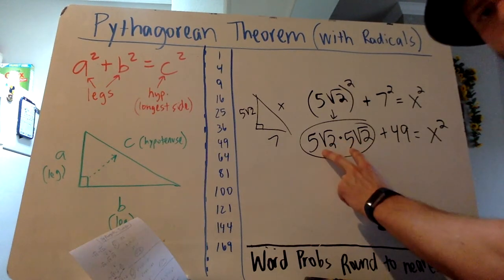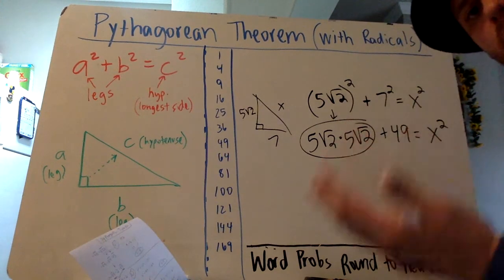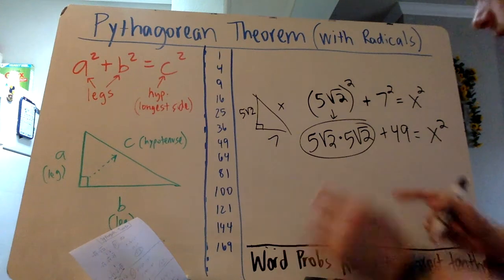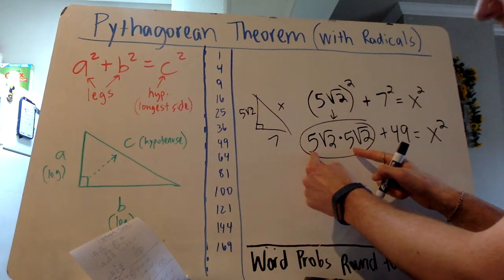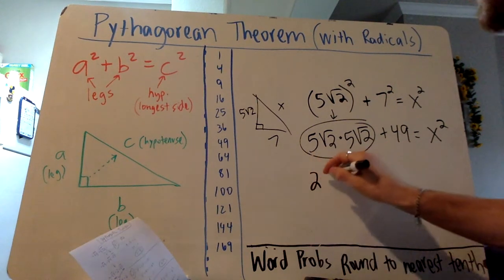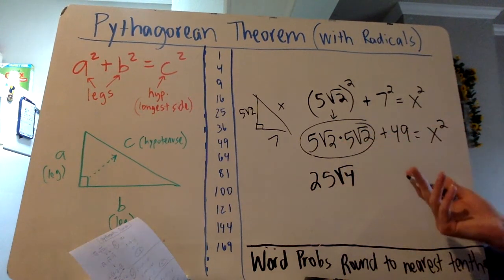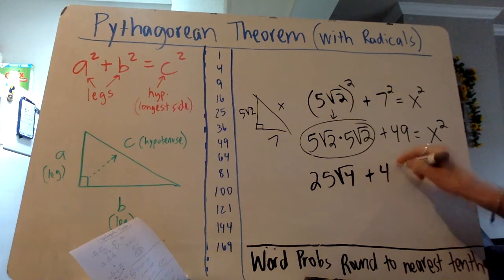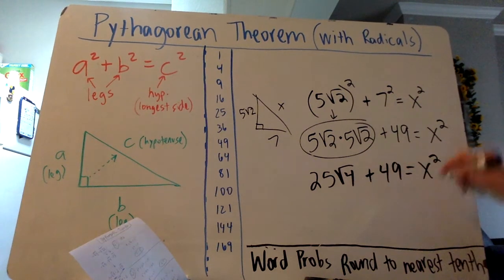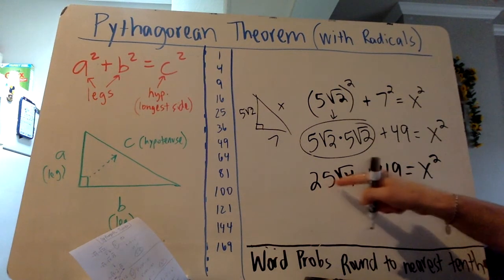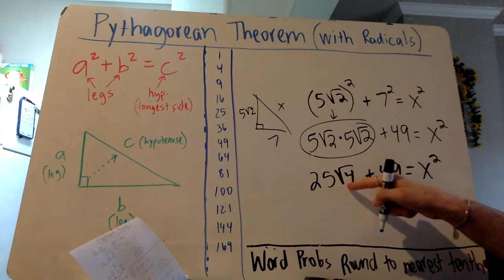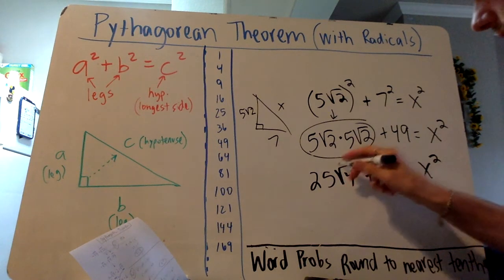So this is just review from last lesson on multiplying and dividing radicals. You have to do the outsides together, the numbers in front. So you get 25 square root of 4, since 2 and 2 give me that 4, plus 49 equals x squared. Now we should know square root of 4 is 2.